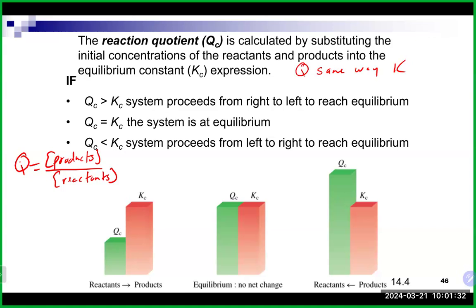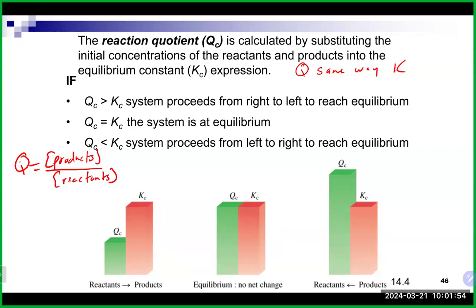So you may be saying, why do I need Q if I could just calculate K? The reason we typically use Q is for a couple of situations. First off, maybe they're initial concentrations, or you're not sure if they're equilibrium concentrations. What Q will tell you first is whether you are at equilibrium.